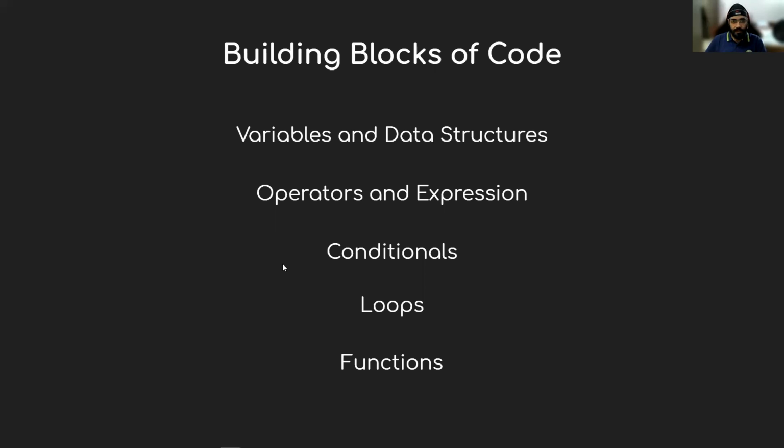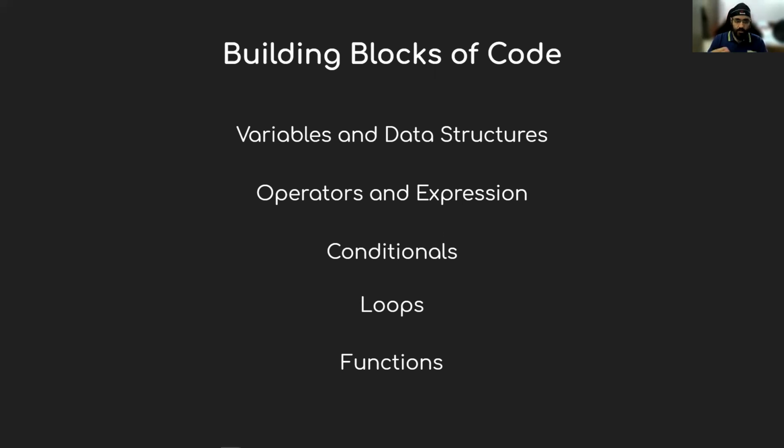Now, in terms of building blocks of code that we covered last week, there are 5. The first one is variables and data structures, which is where you actually store the data in your code, and you manipulate that using all the other things. Operators and expressions could be arithmetic. It could be an assignment operator where you're setting a value of a calculation to a variable.